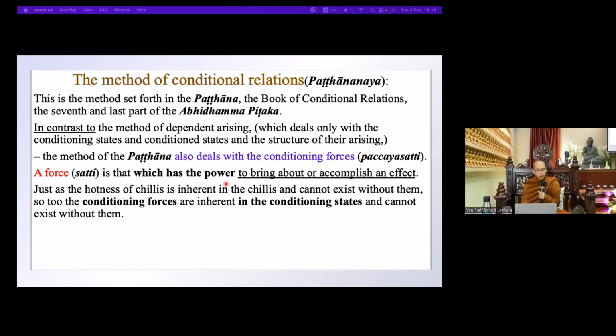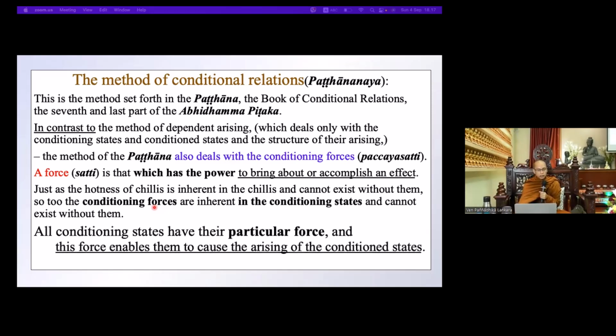In this way, the conditional force is in the condition to give rise to the conditional state. This is mentioned in the Patthananaya.